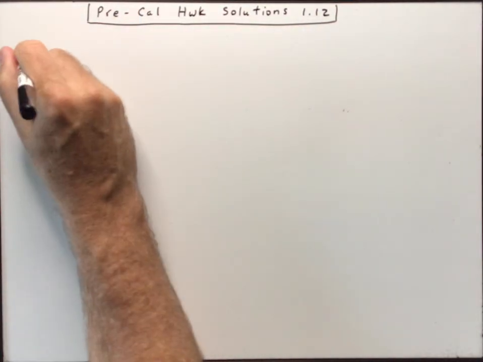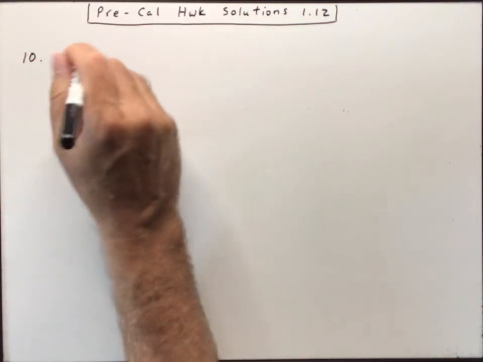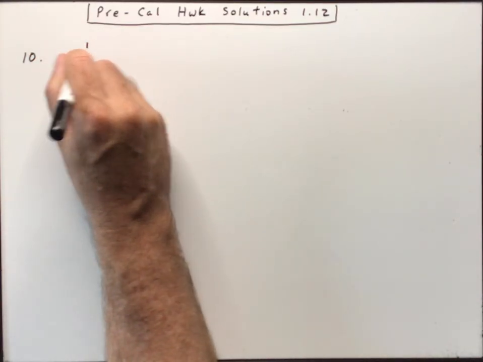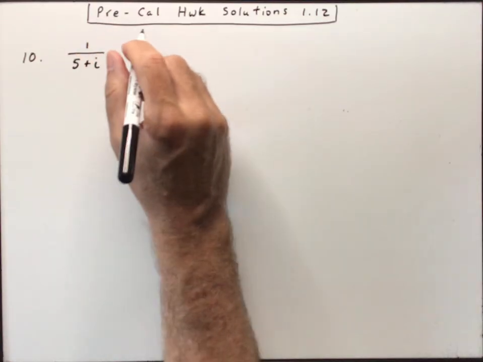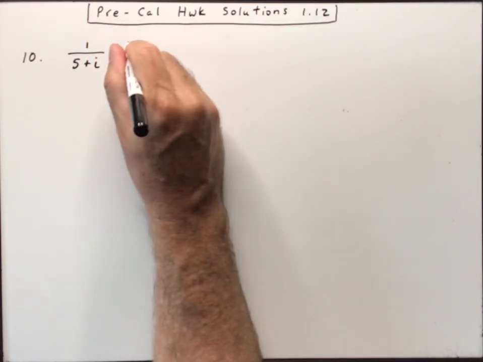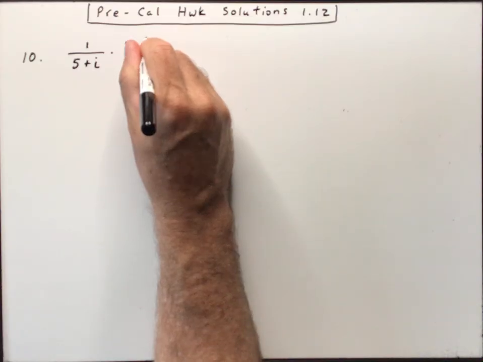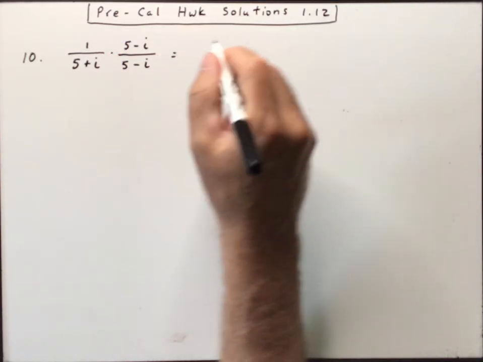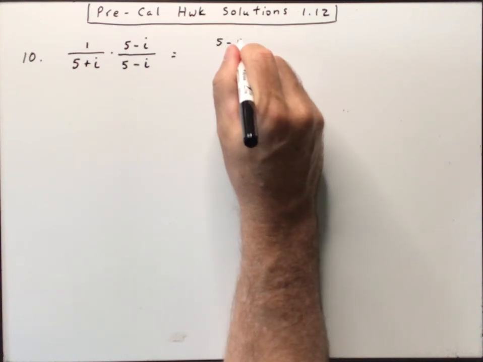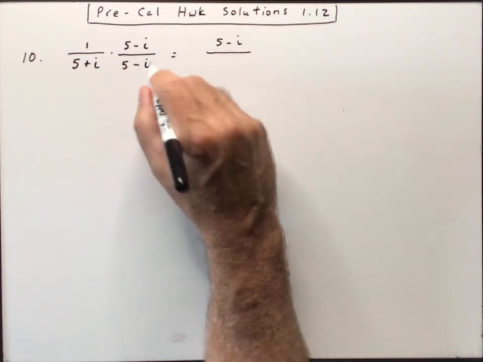So we've got 10 through 13. Number 10, we want to simplify 1 over 5 plus i. Let's get rid of that i in the bottom by multiplying by the conjugate of the denominator over the conjugate of the denominator. So that's going to be 5 minus i, and then we will FOIL the two denominators.